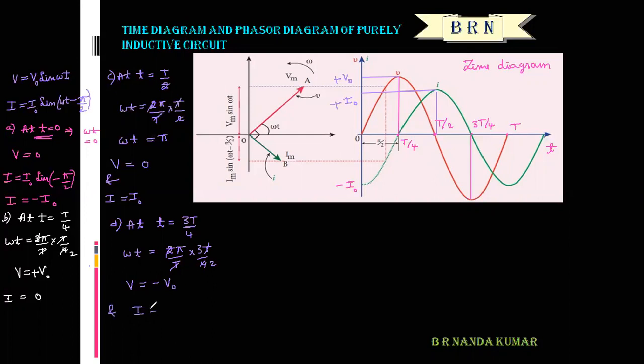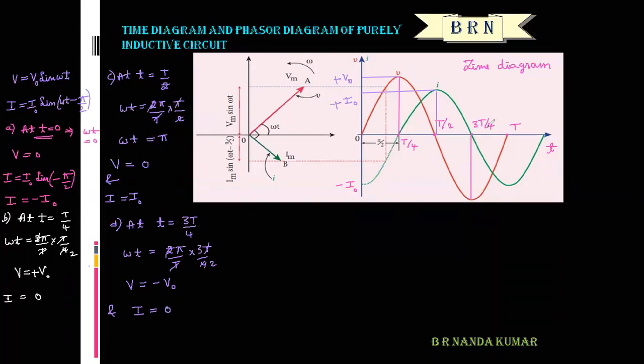And the current I is equal to I naught sine of 3 pi by 2 minus pi by 2. That is 2 pi by 2, sine pi. Sine pi is 0, 0 and anything is 0. The current is 0.